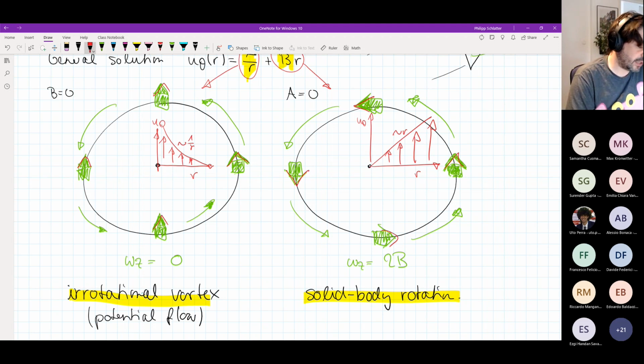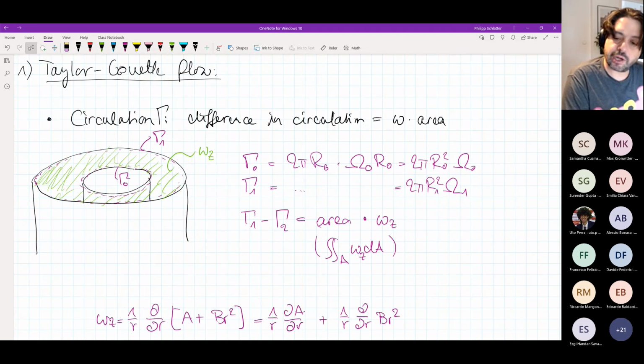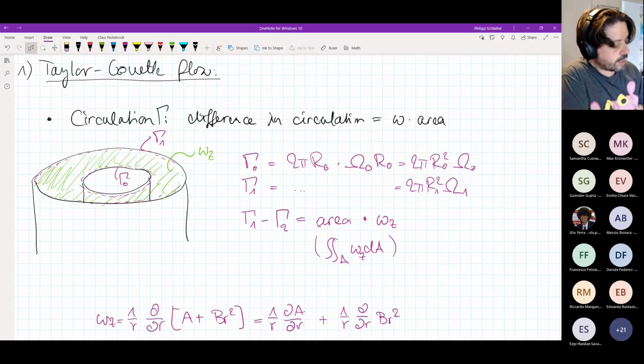Okay, so these were the main cases that we looked at, and then we started to look at one application last time, namely the application of these concentric streamlines in the form of a Couette flow, a Taylor-Couette flow. Remember, the Taylor-Couette flow is the flow between two concentric cylinders in which the two cylinders can rotate freely.